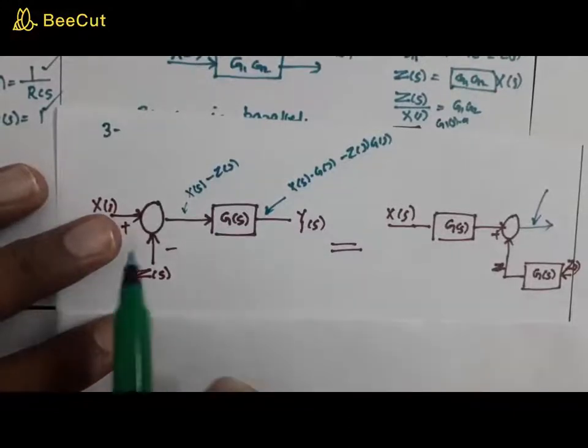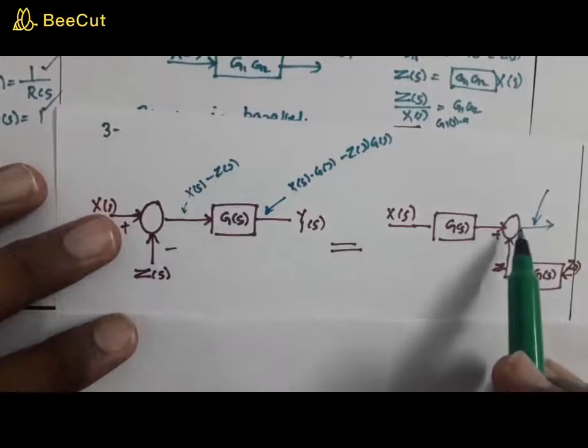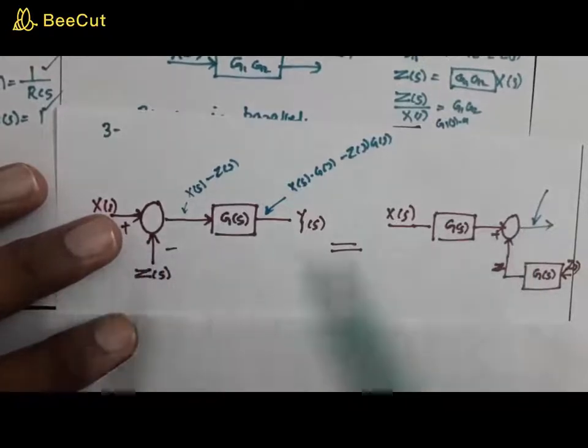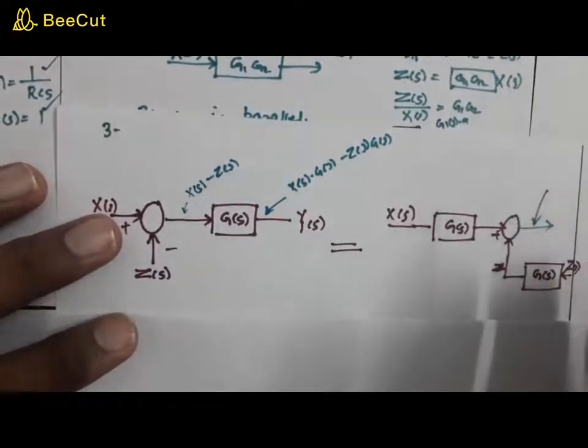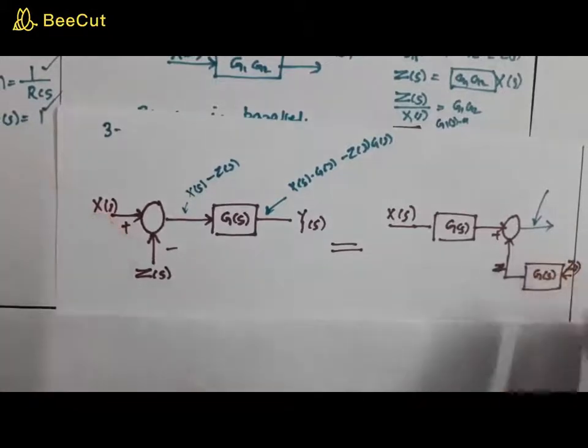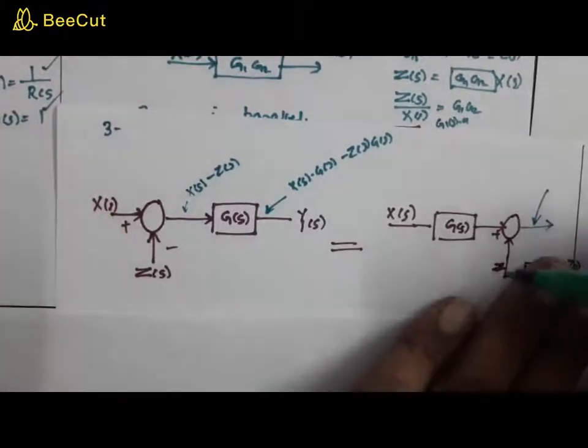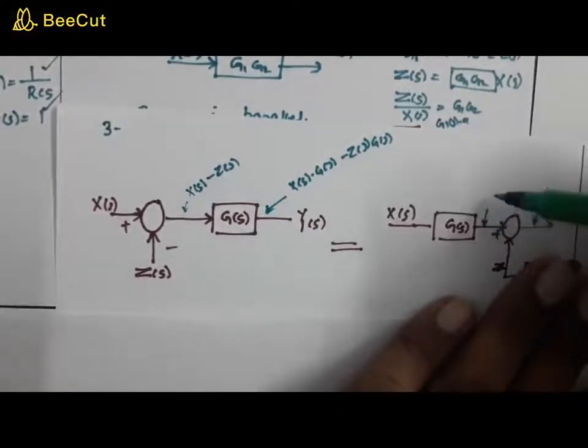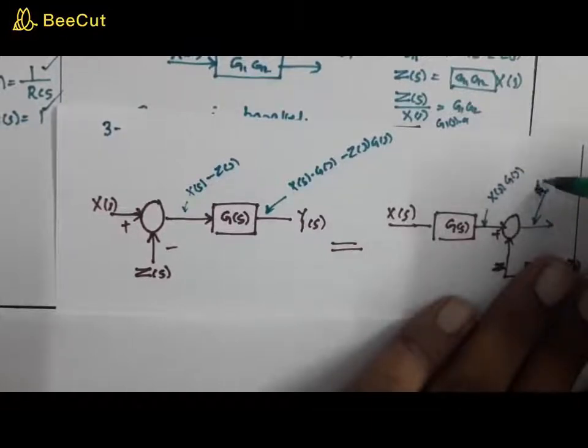Okay. Now what happens when this changes to this position? This Z of S, look at this. If you are not adding this, you are just adding Z of S, then what is the output here? It will be X of S into G of S minus Z of S, right?